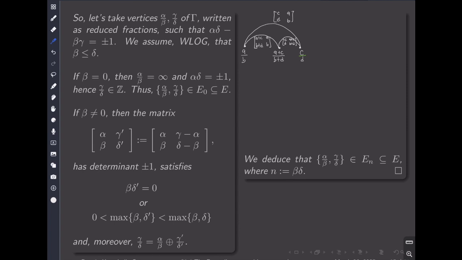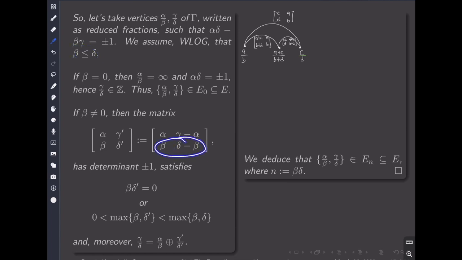The determinant of this one is, of course, plus or minus 1, because I just subtracted one column from the other, so the determinant didn't change, or you can compute it directly. And we decreased the maximum between beta and delta minus beta, because by assumption delta was the maximum.